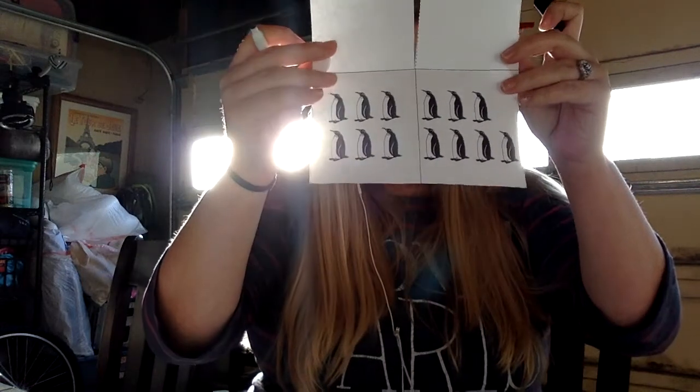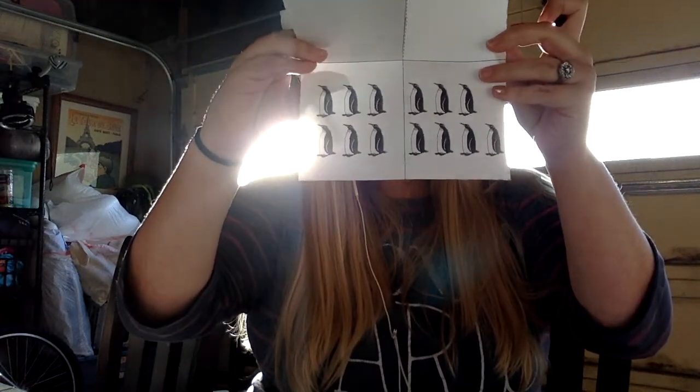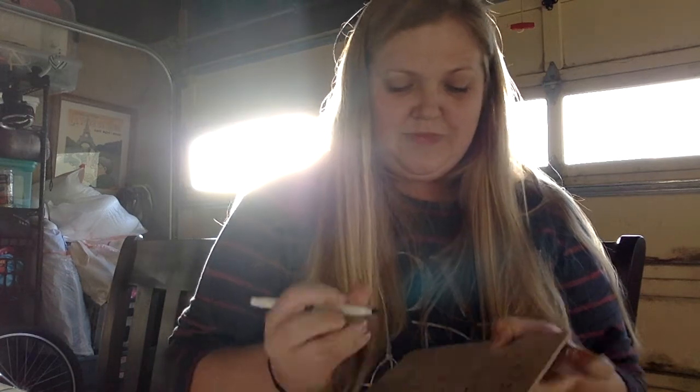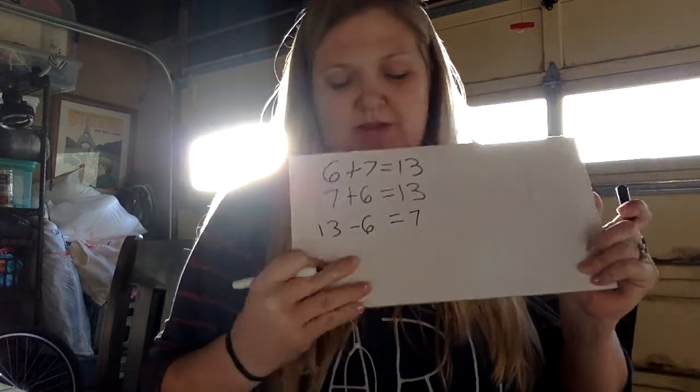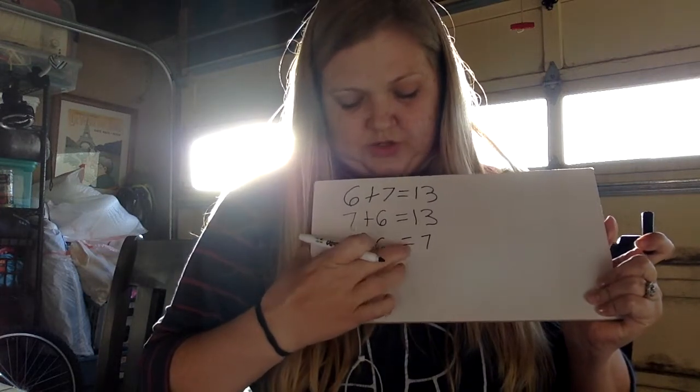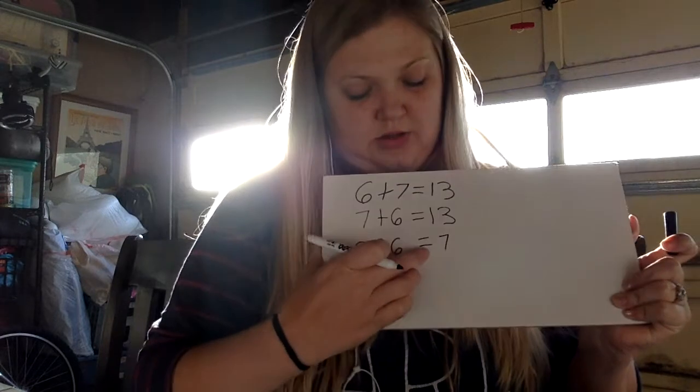Now let's try our takeaway. You've got all 13. What happens if you take away the 6 first? You are left with, that's right, the 7. 13. Use your subtraction symbol. 6. Use your equal sign.